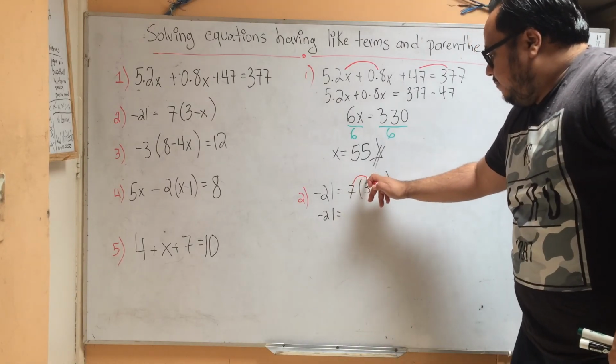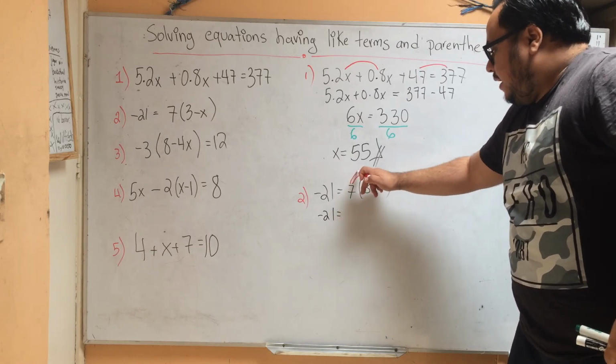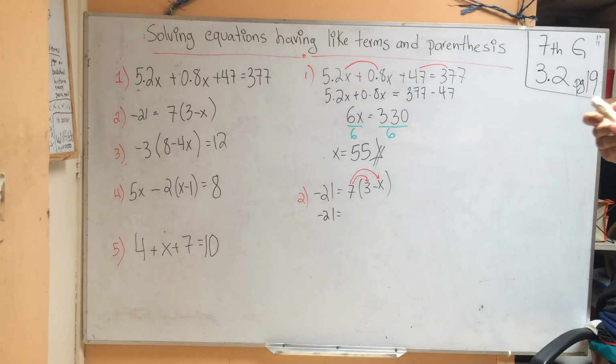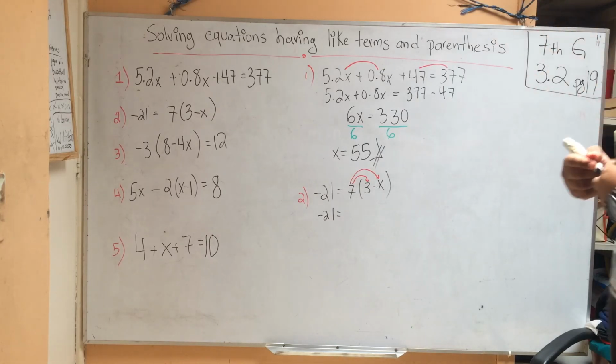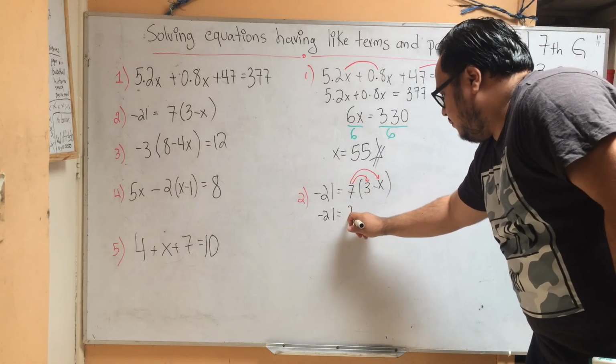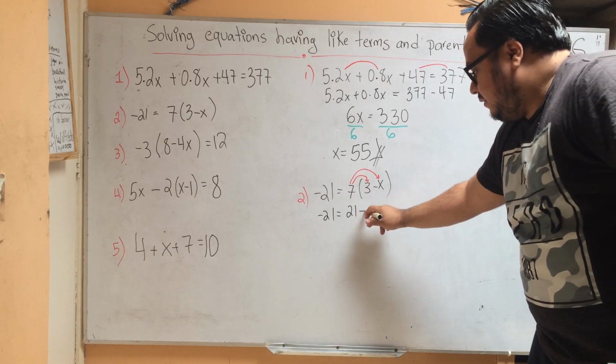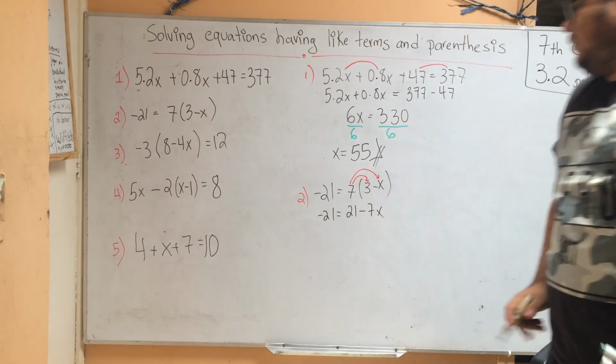That means I multiply 7 times 3 and then 7 times minus x, because the number outside the parenthesis impacts both numbers. So 7 times 3 is 21, and 7 times minus x is minus 7x.